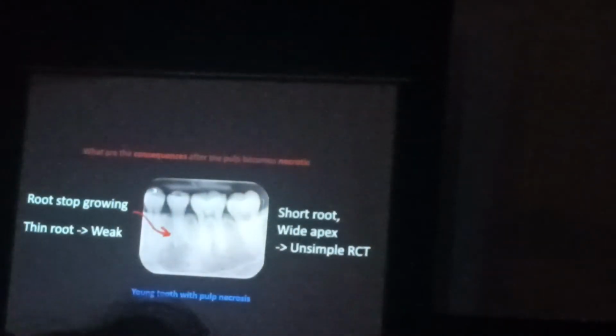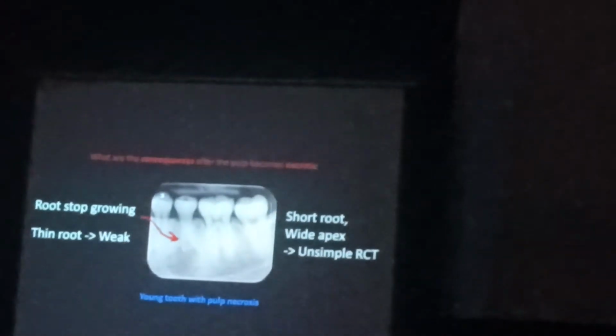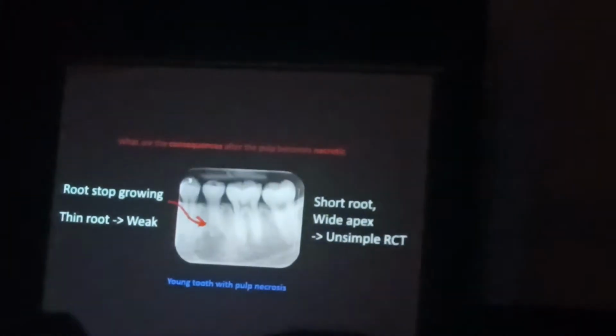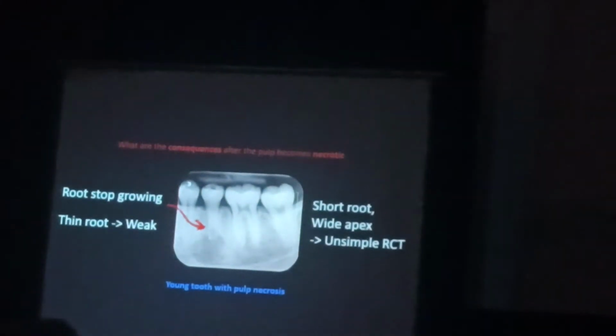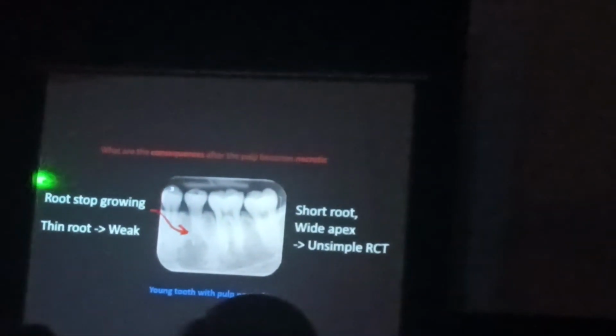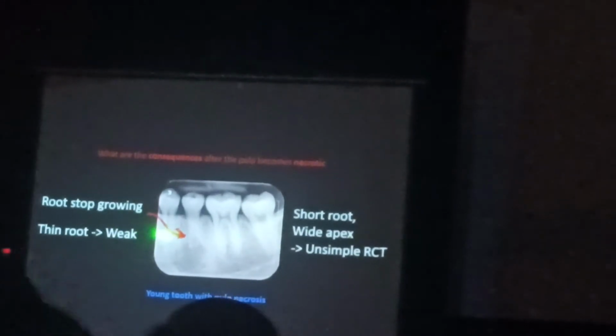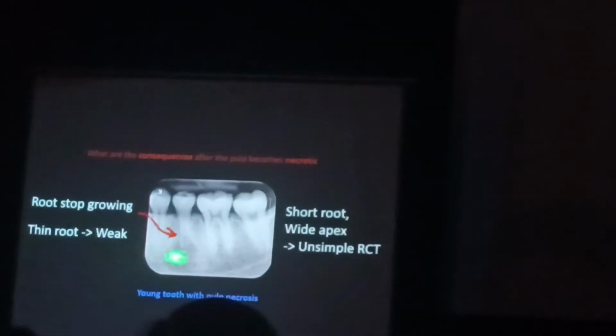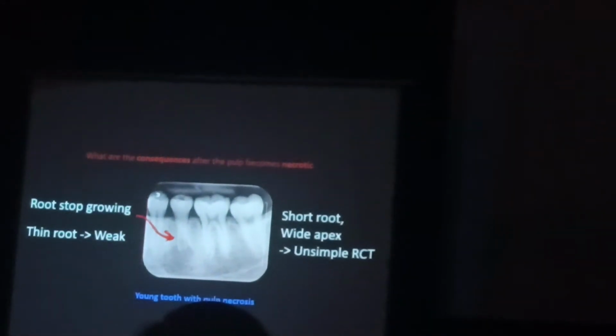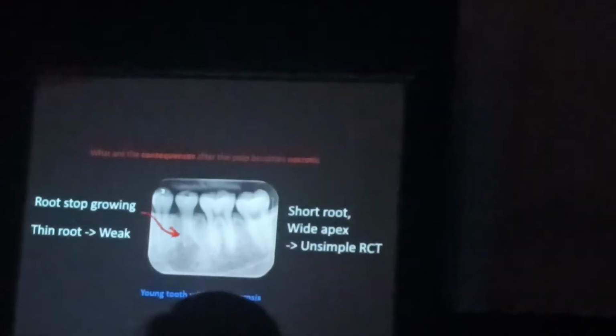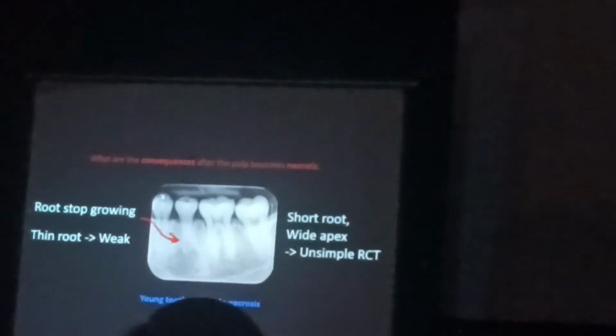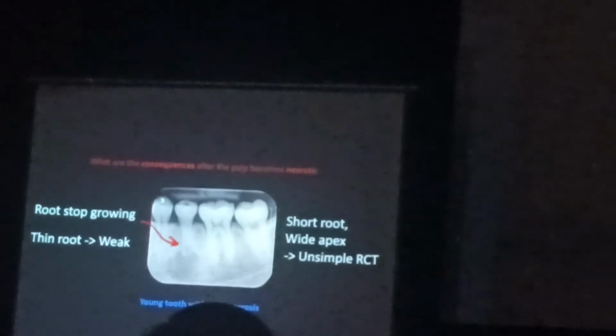So what are the consequences? The root of the tooth stops growing, which leads to a thin root. And with a short root and wide open apex, it is difficult to have a root canal treatment in a conventional way.